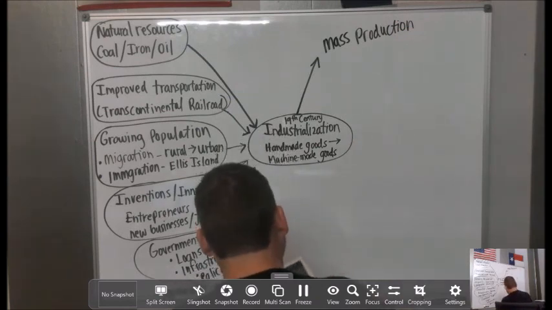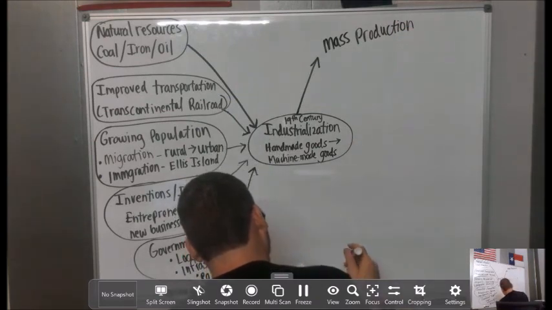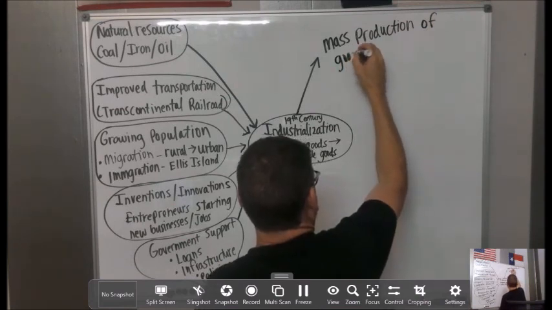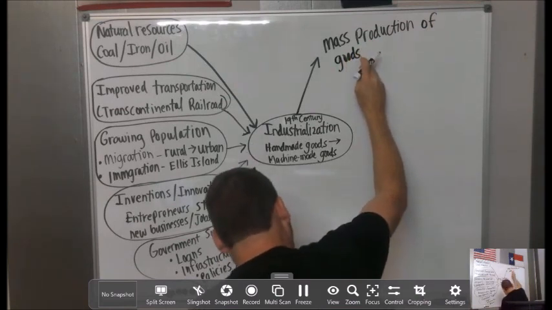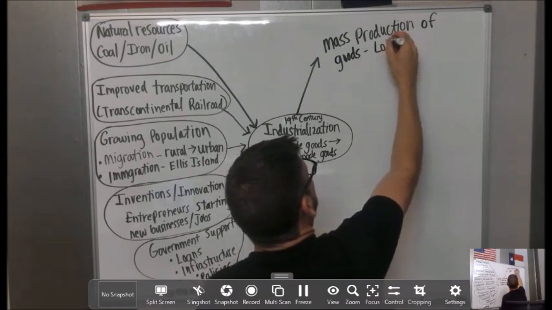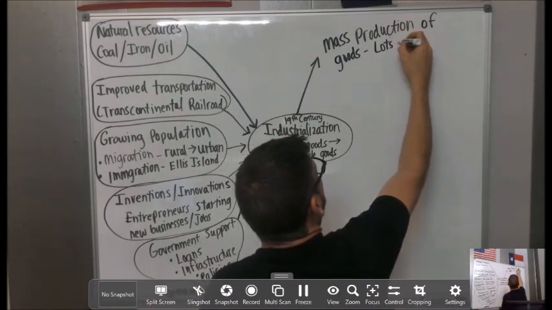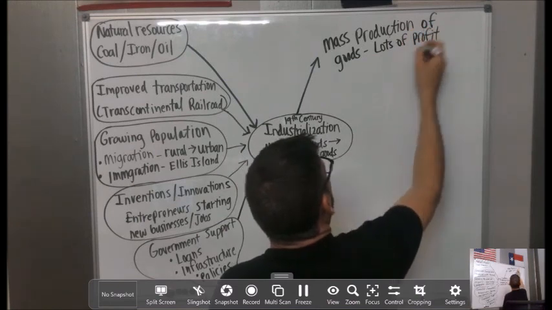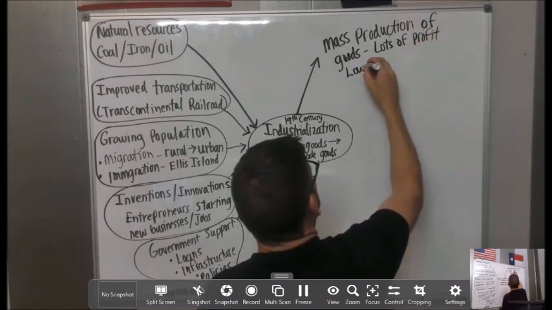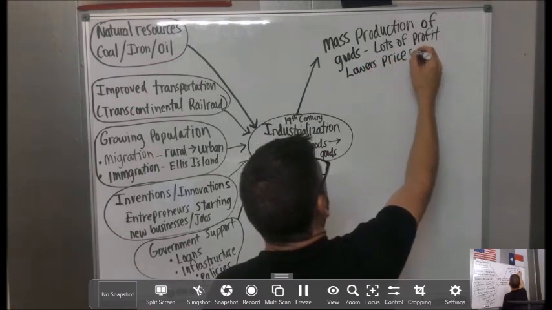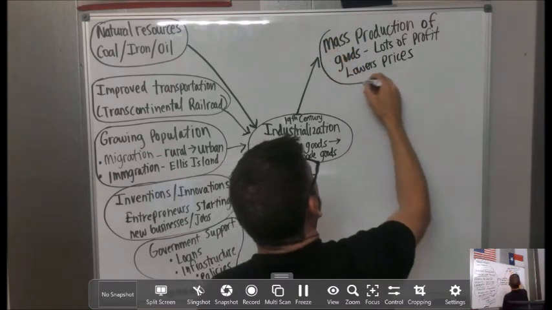Okay, so when you have mass production of goods, it creates a lot of profit. And it lowers prices. And people can afford to buy more products, such as more clothes.